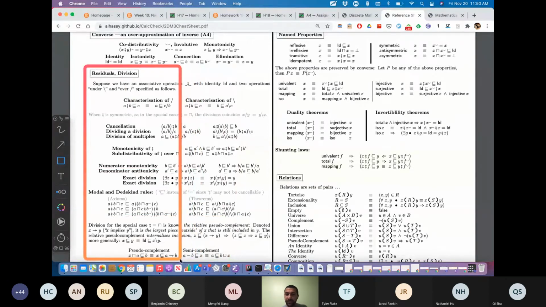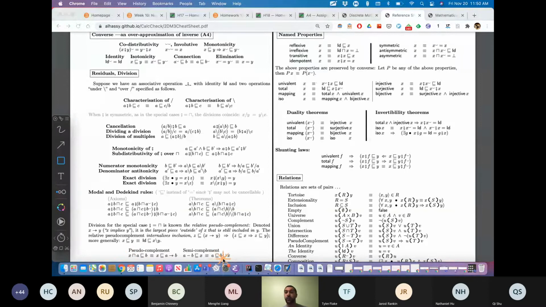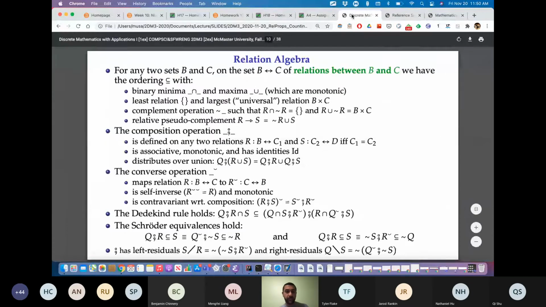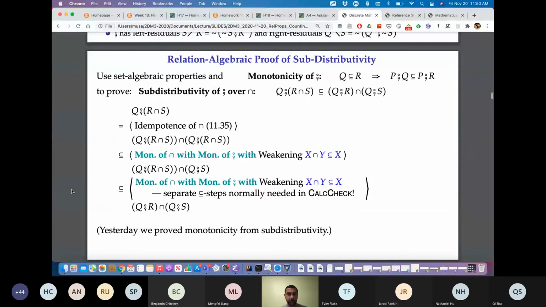The pseudo-complement is when you try to divide, but your multiplication operation is conjunction or meet or intersection. Semi-complement is when you try to divide, but your operation is union or maximum, or join. Does that help, Eamon? Okay. So let's move on then.